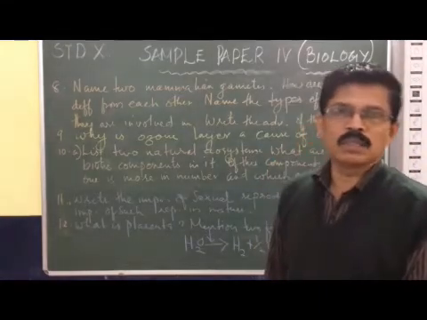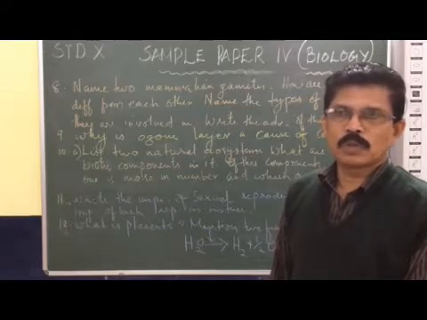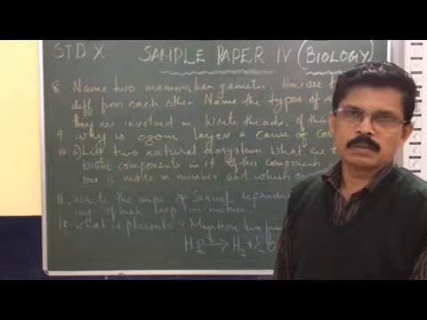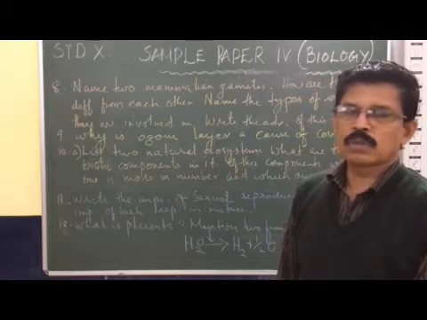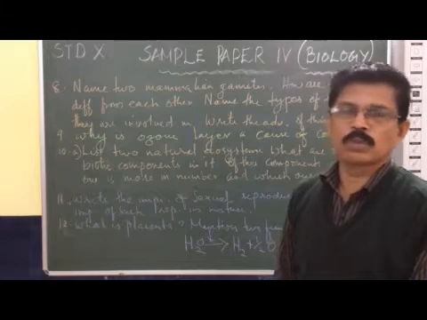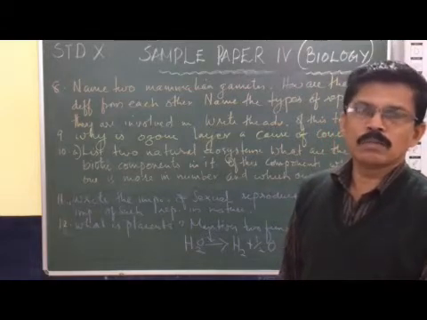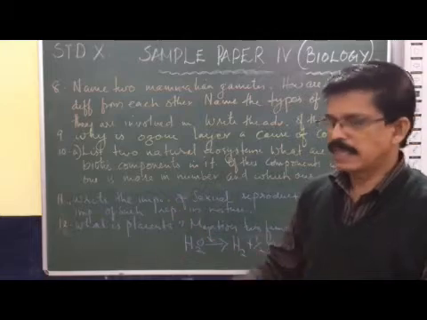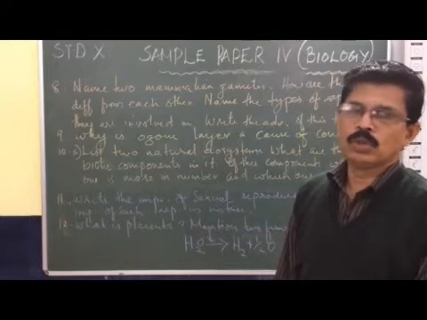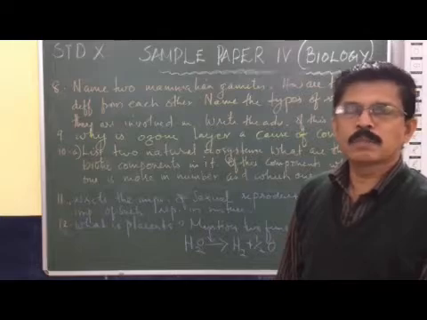Sperm is the male gamete which contains two types of chromosome, X and Y. There are two types of sperms: sperm with X chromosome and sperm with Y chromosome. And they are motile because they have a tail and they have mitochondria in the middle piece, and hence the sperms can move.